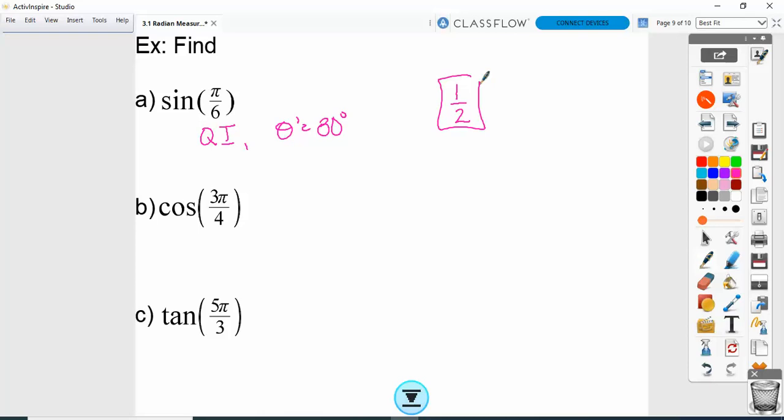I know that because the top is 1 less than the bottom. For your reference angle, you really ignore the top, it's just pi over 4. And if it's pi over 4, what is that? 45 degrees. Now, if you don't recognize that yet, that's okay. We're working on that. We're getting there. We're practicing. So in quadrant 2, is cosine positive or negative? Negative. What is the cosine of 45 degrees?